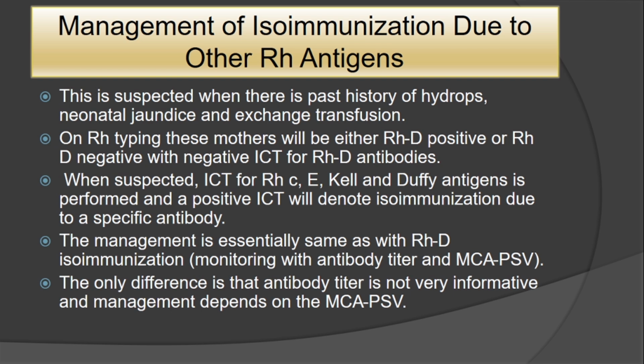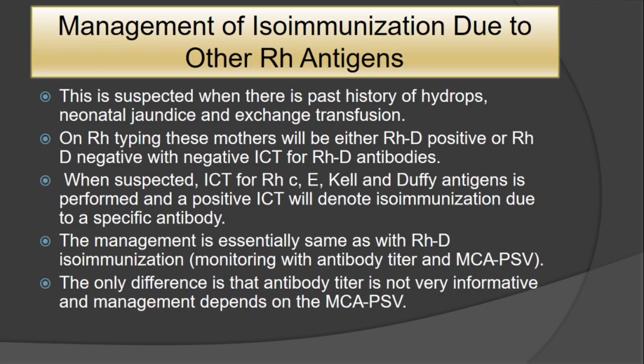Now, we have talked about isoimmunization that is due to RhD antigen, that is Rhesus D antigen. The D antigen is usually the commonest, and I've mentioned before, the most immunogenic. But there are other antigens that are also related.